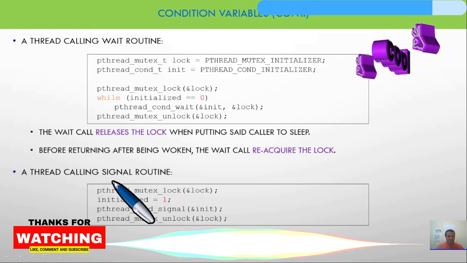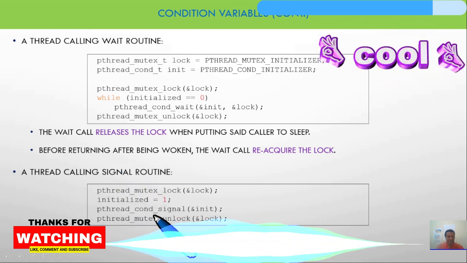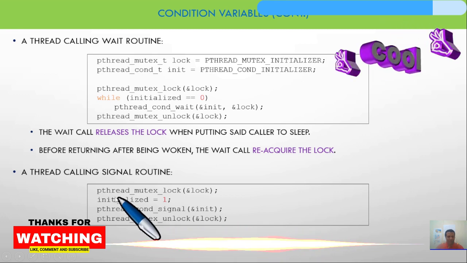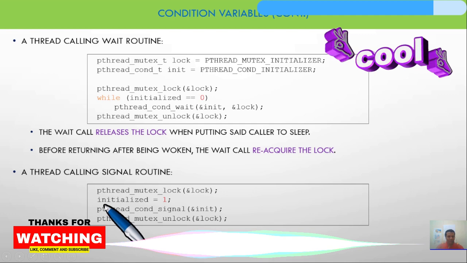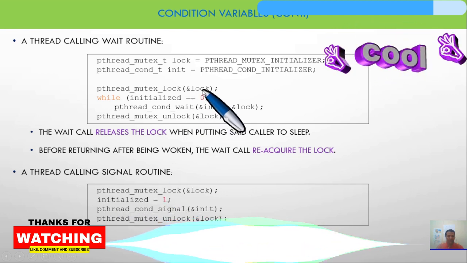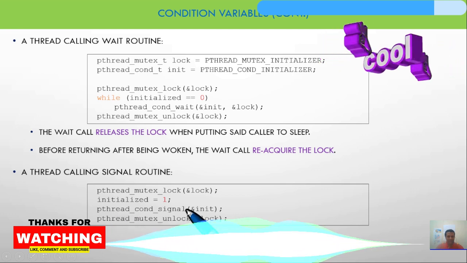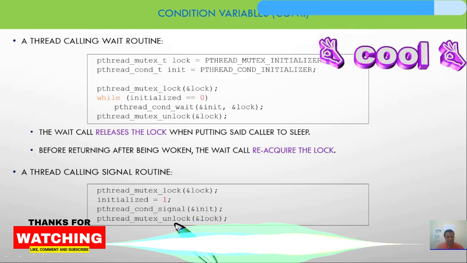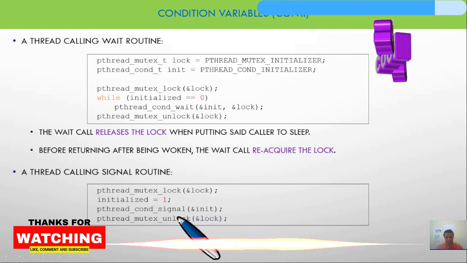So a thread calling the signal routine does the following. This is for unlocking: pthread_mutex_lock, then set initialized to 1. When it is 0 it is waiting, and when it is 1, we call pthread_cond_signal and pthread_mutex_unlock, so it will be unlocked.